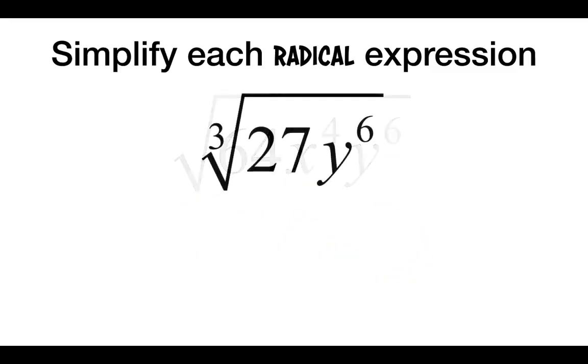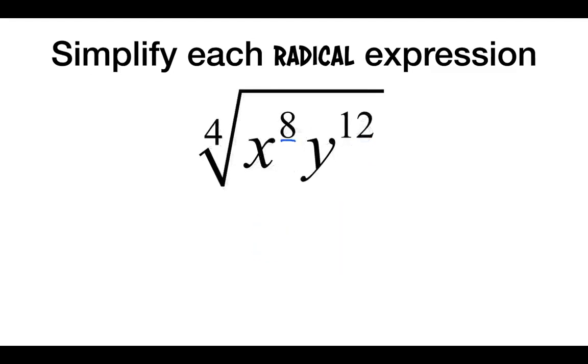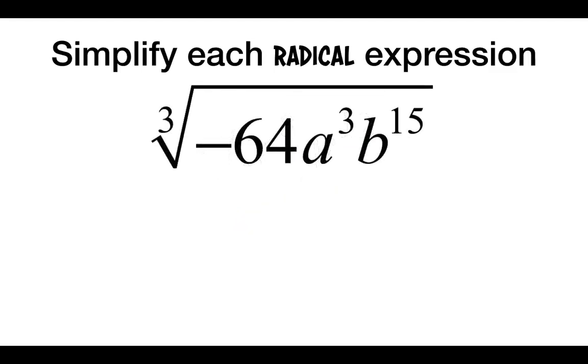Let's try this one. The cube root of 27 is 3, and 6 divided by 3 gives us y squared. Here's another. 8 divided by 4 gets us x squared, and 12 divided by 4 gets us y cubed. All right, let's try this one.